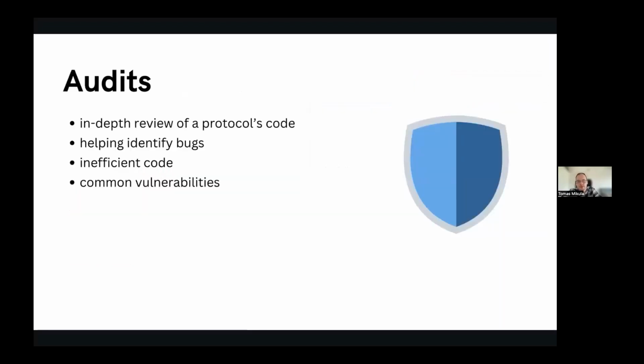What is really important, because smart contracts are at the core of the blockchain logic, is that you can possibly introduce bugs. So it's important to have audits, not only for the reason that these auditor companies are helping you to identify these bugs, but they also do in-depth reviews of your code. They can try to optimize your code, and they are well aware of common vulnerabilities.